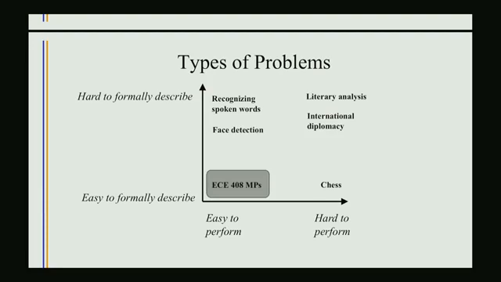And I hate to say it, but our ECE 408 MPs and labs are at the corner of that continuum, right? They're easy to describe, thankfully for us, and easy to perform, thankfully for you, even though you don't realize it.